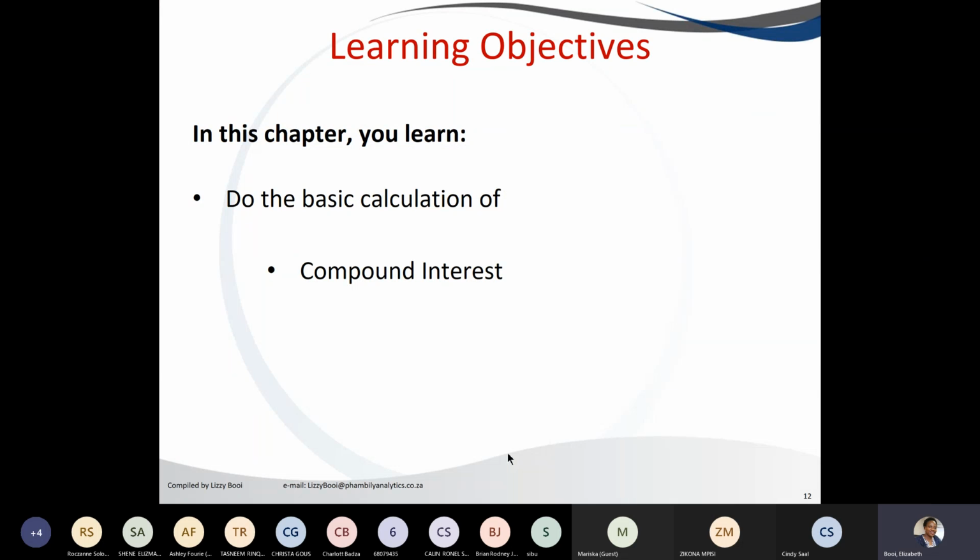If you have a financial calculator, especially the Sharp financial calculator, you should be able to use it to calculate. Somebody's mic is on, you just need to switch it off. If you have a Sharp financial calculator, you don't have to calculate things manually.